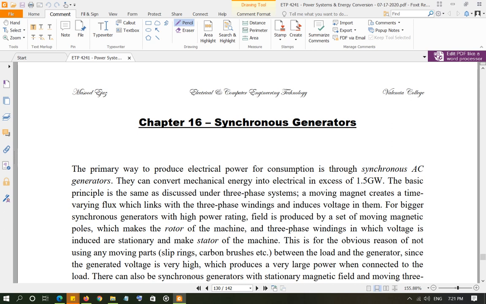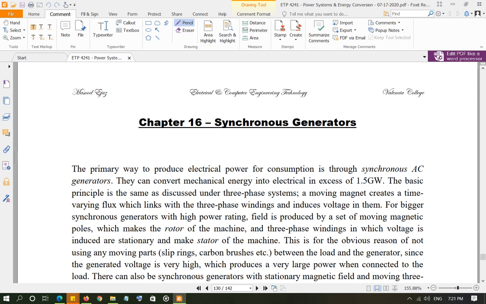So the basic idea is the same, that we again go back to chapter number 4 and the DC generators. If you remember, DC generators are basically AC generators, and there's a commutator that converts AC into DC. So the idea remains same. That is, you have an armature which is rotating, and you have magnets which are providing magnetic flux.